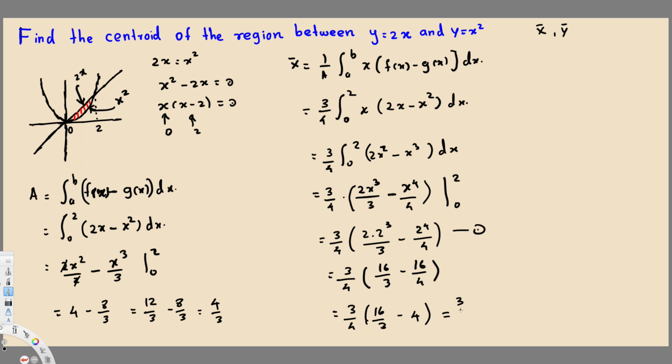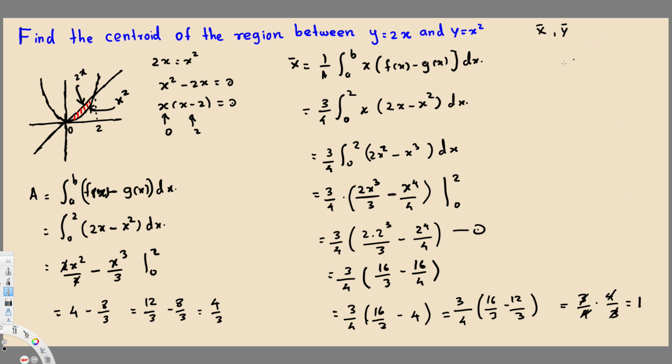This is going to be 16 over 3 minus 12 over 3, and if you subtract, that's going to be just 4 over 3. So 3 over 4 times 4 over 3 cancels each other, so we just get 1.